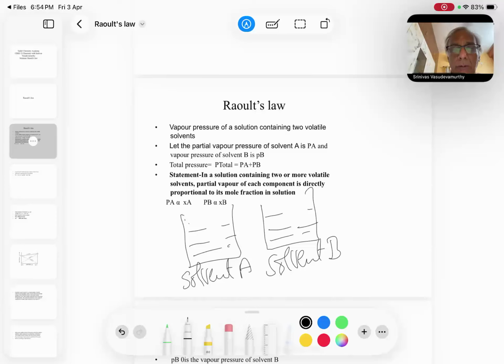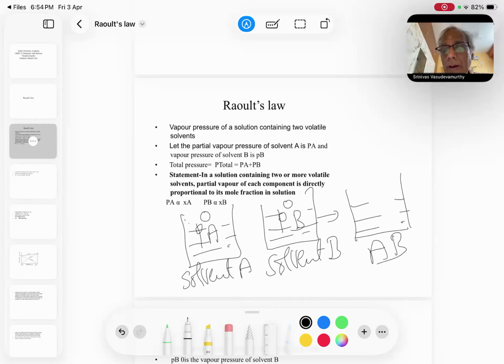Vapor pressure of pure solvent A, I have taken it as P naught A. Vapor pressure of pure solvent B, I have taken it as P naught B here. I am mixing them together to get a solution AB. Now, in AB, partial vapor pressure of A is PA and partial vapor pressure of B is PB.